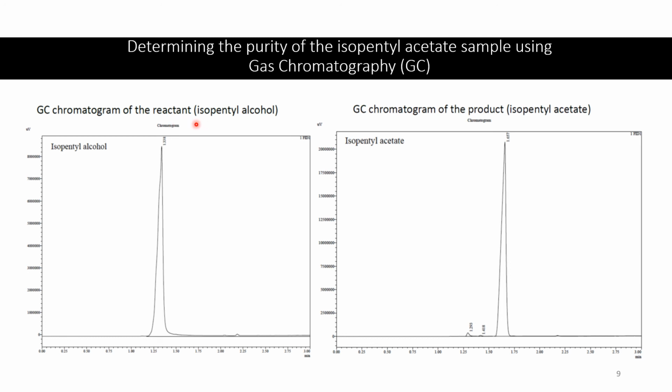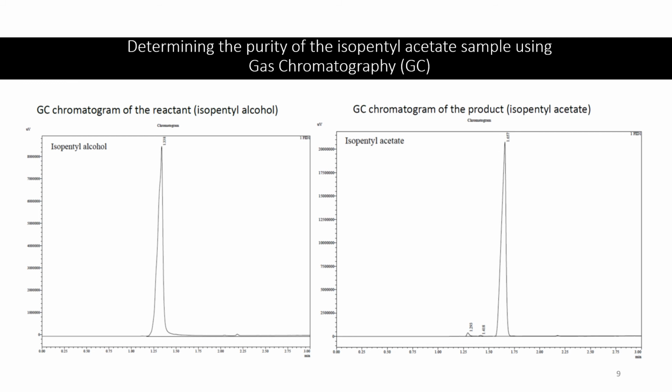But there could be maybe a little bit of isopentyl alcohol left over if it did not completely react. There is no straightforward method to easily remove it during extraction. Therefore, we are going to see if there is any significant amount of isopentyl alcohol present in the final product mixture.